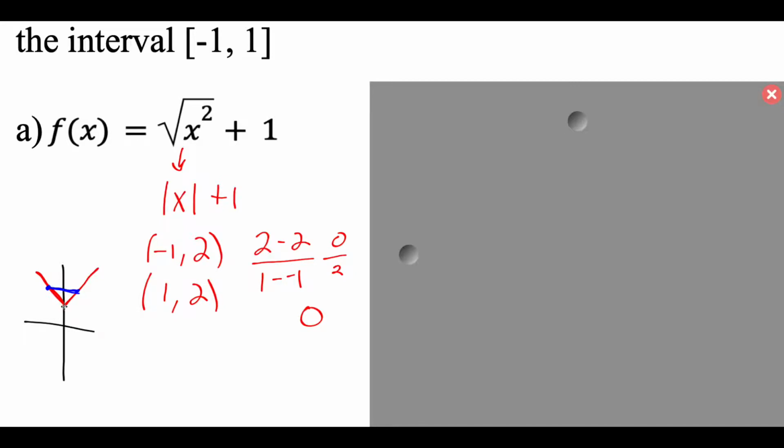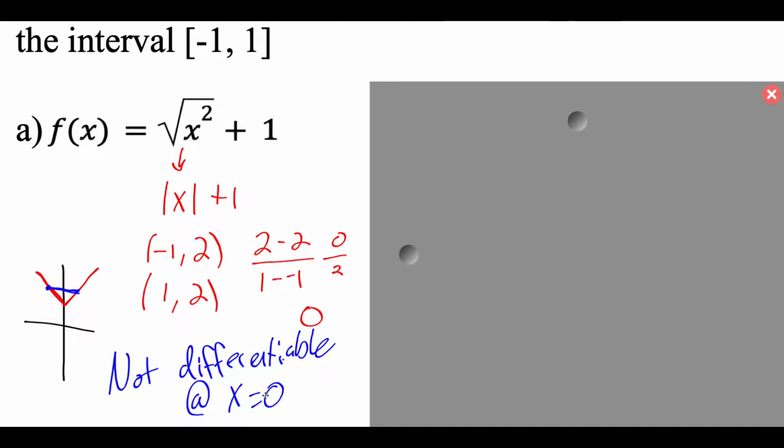And functions are not differentiable at corners. And in order for the mean value theorem to work, your function has to be differentiable on the open interval between the endpoints that you're looking at. And this one is not, because we're not differentiable at 0. So this function fails to meet the necessary conditions for the mean value theorem.